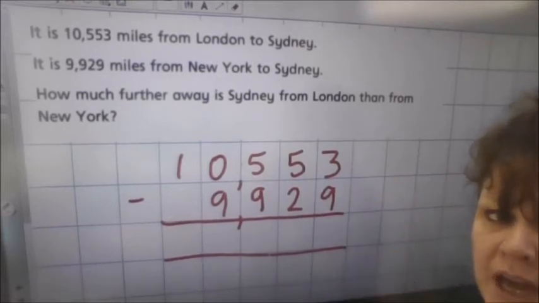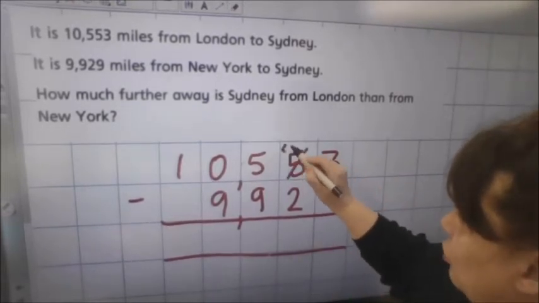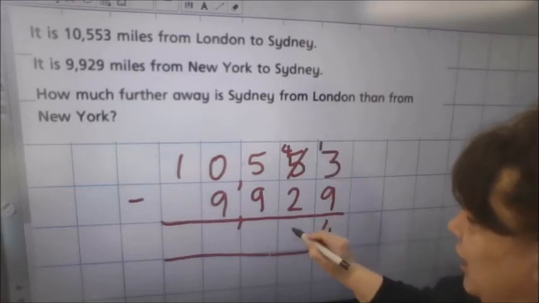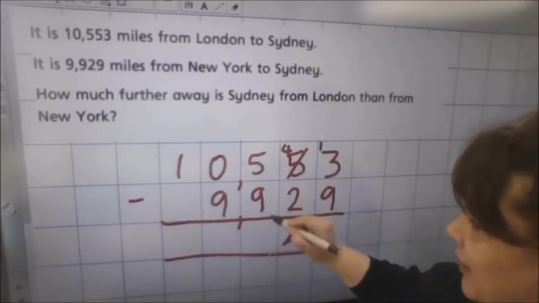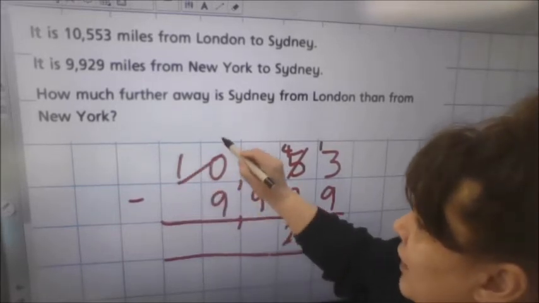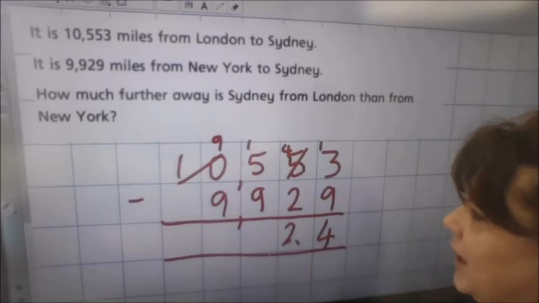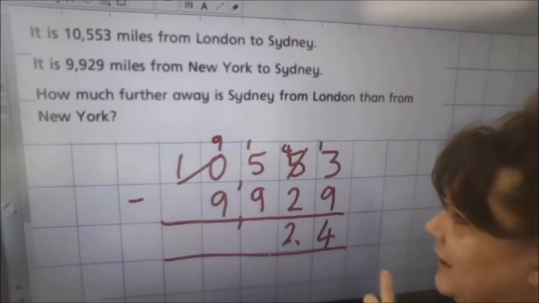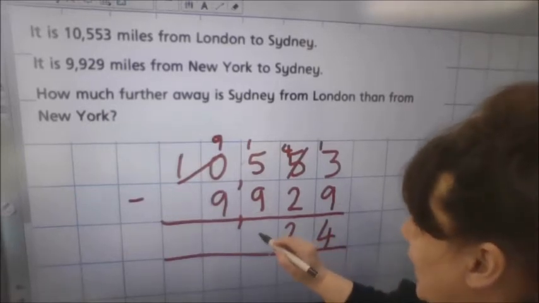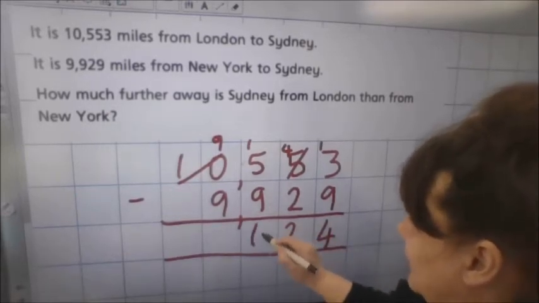So 3 take away 9 I can't do, so we're knocking next door. 13 take away 9 is 4. 4 take away 2 is 2. 5 take away 9 I can't do, so that's 9, and I've added my 10 there. So 15 take away 9 is 6.